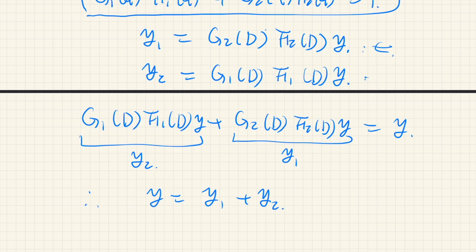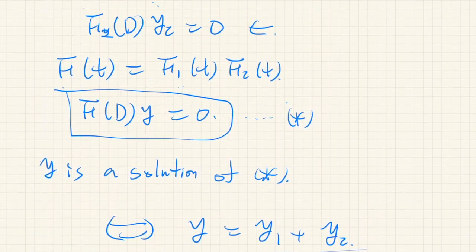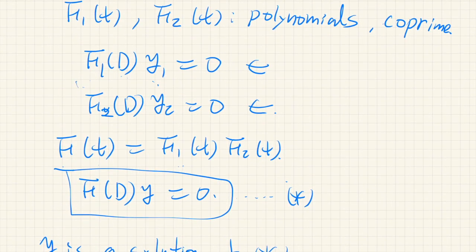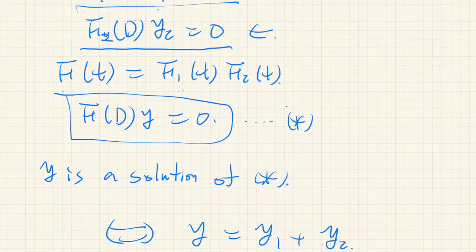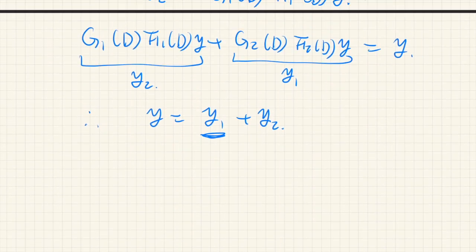And the next thing we need to show is that this y1 is actually the solution of this differential equation, and y2 is the solution of this equation. Okay, so let's apply f1 of d to y1.